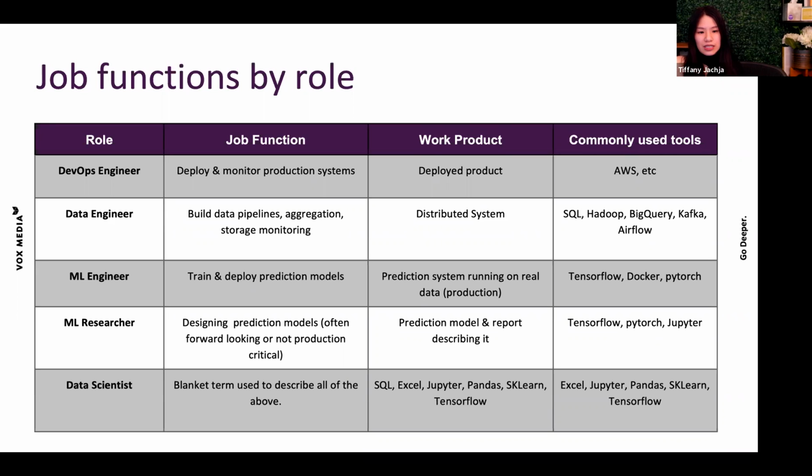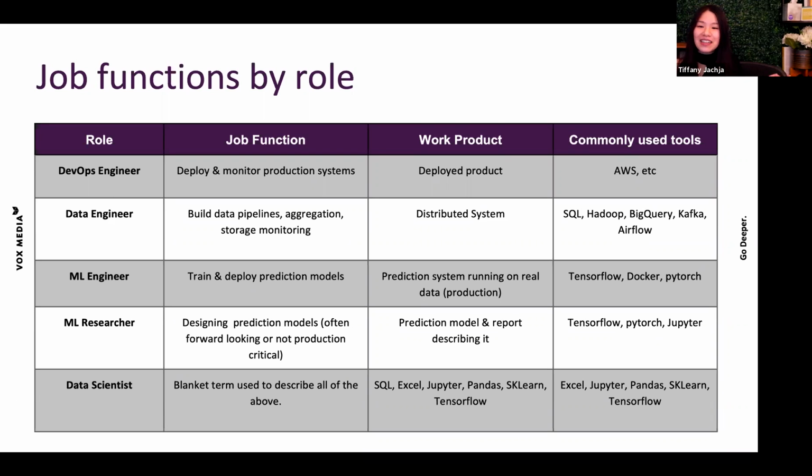So a typical data scientist, that role can actually encompass quite a bit of things. Sometimes your data scientist will be an ML researcher, but also your ML engineer. So that's just something to note there, is that people are still trying to figure out exactly where they fall into these buckets, and what they are going to be doing when there's a job description and it says data engineer, but then they join and it's not really data engineering.